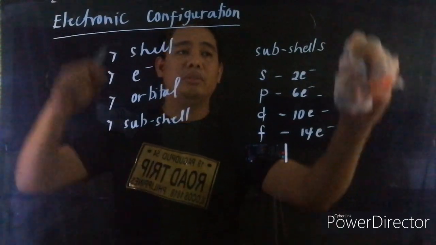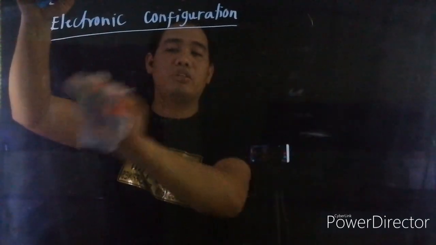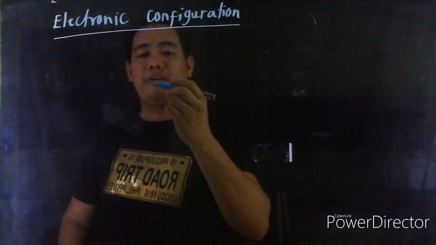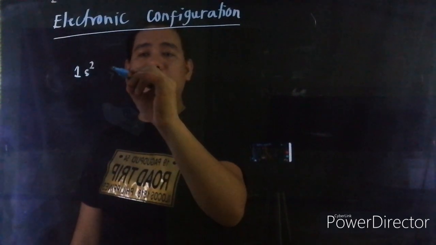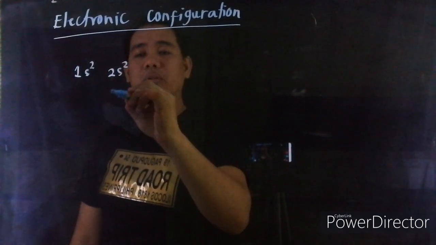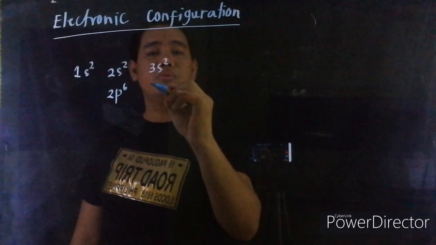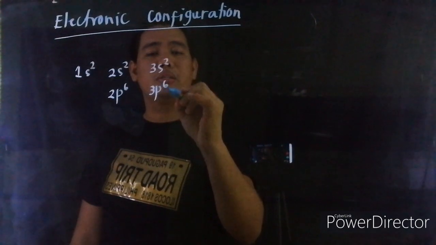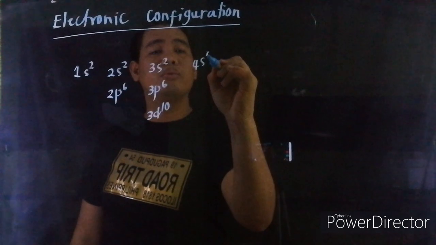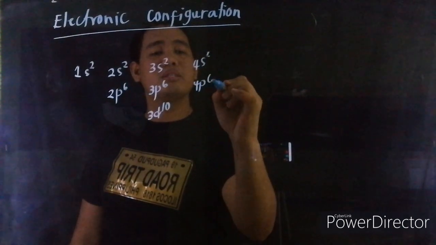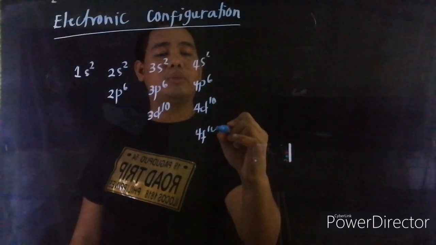Okay? So let us write the mnemonic device for electronic configuration. So we have the first shell, 1s2. The second shell, we have 2s2, 2p6. The third shell, we have 3s2, 3p6, and 3d10. Then we have 4s2, 4p6, 4d10, and 4f14.